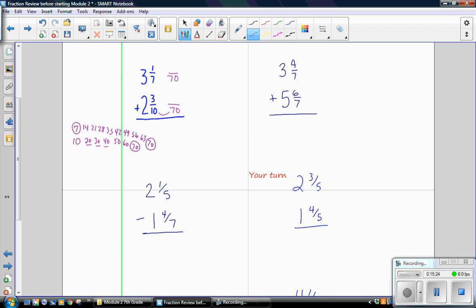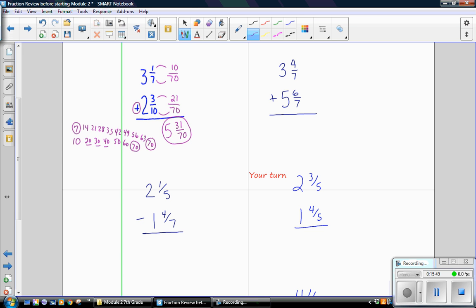Times 7 to get an equivalent fraction, times 10 to get an equivalent fraction. I'm adding my fractions, so 10 plus 21 is 31/70ths, and 3 plus 2 is 5. Remember to check your fractions to see if they can be simplified.